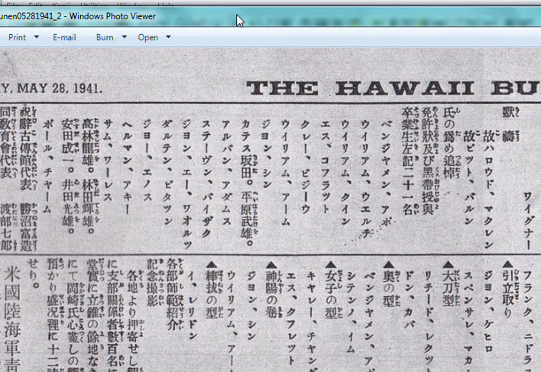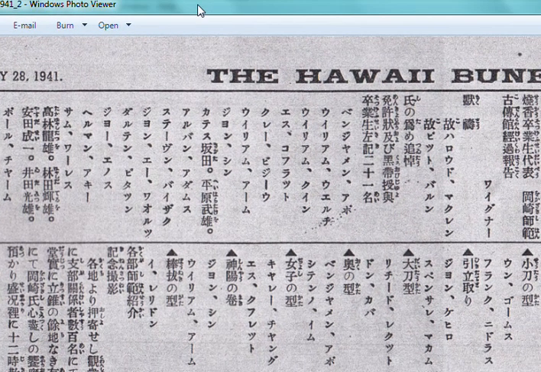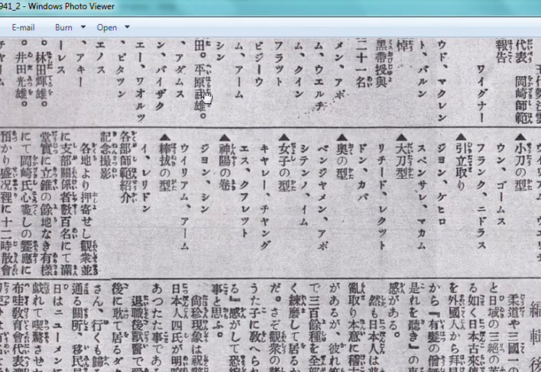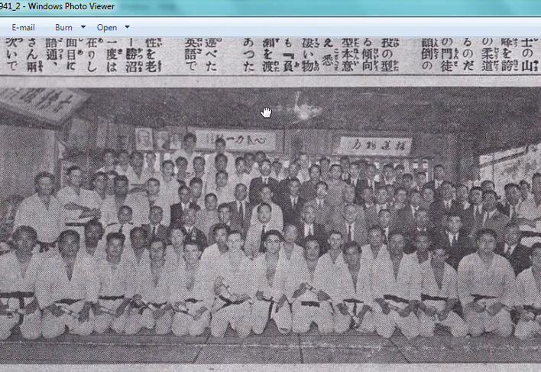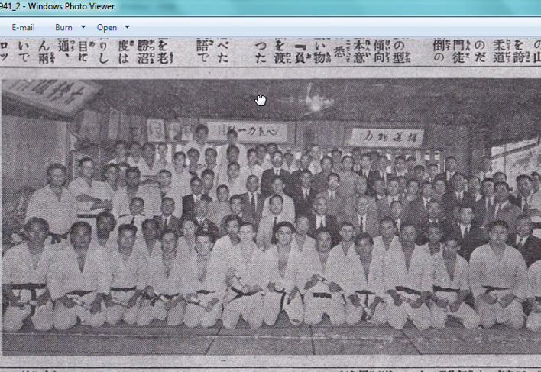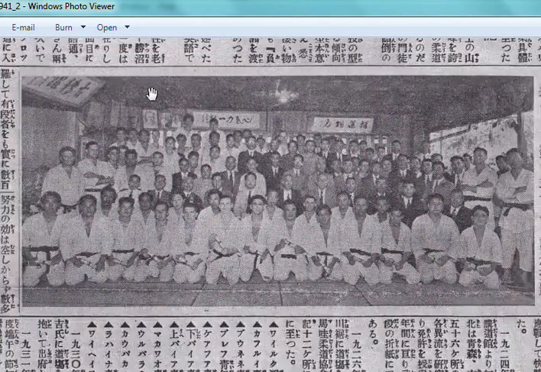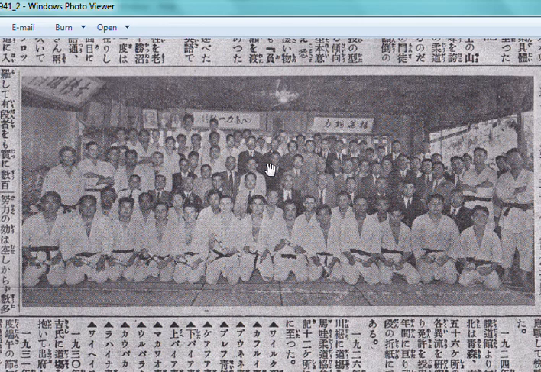And in fact, I can actually move this up and show you a picture here. And in the paper, this is a picture of a graduation class from Professor Okazaki's dojo. Right there, where the hand is, Professor Okazaki, and you see these people on the front row had just received their scrolls.